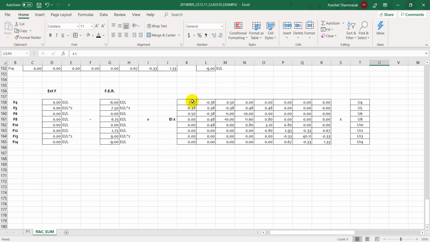So basically, the entries over here, this is U4. U4 is a rotation. Okay. So this entry is EI over L. This entry is EI over L square, right? You have the different power of L in the denominator in the matrix.